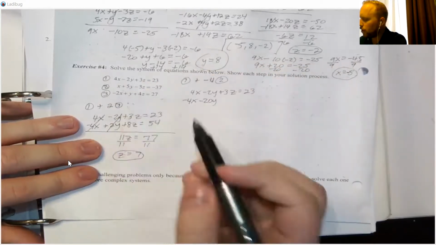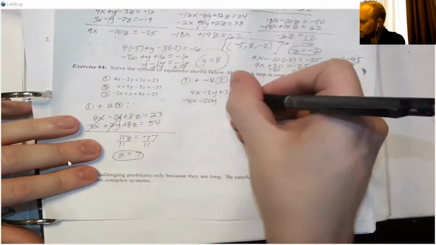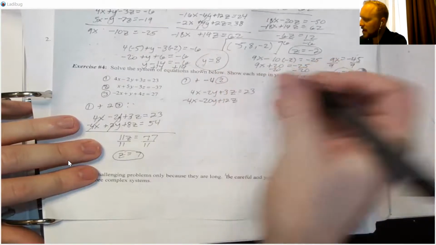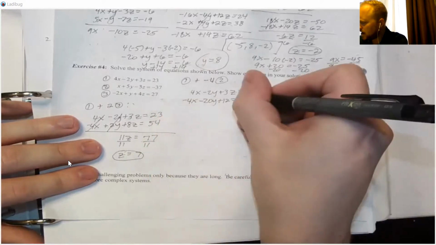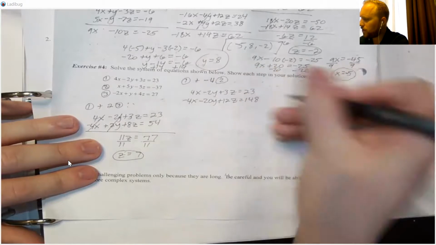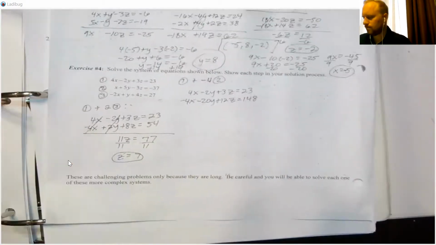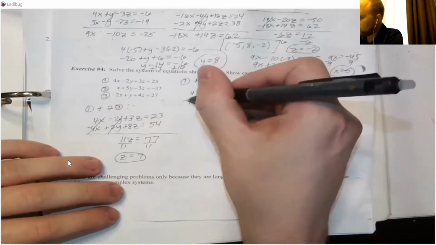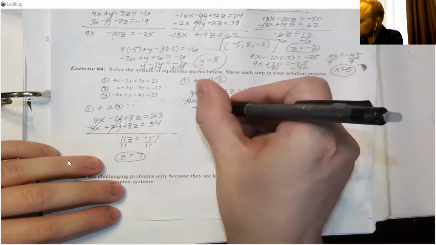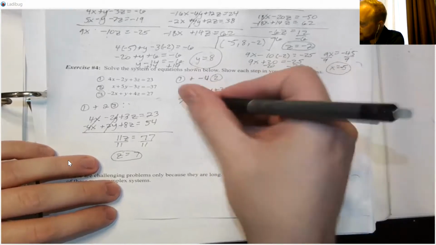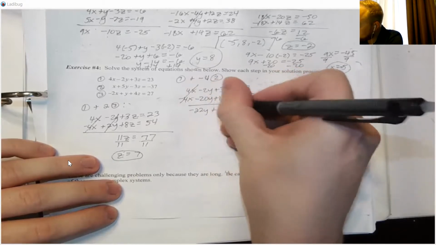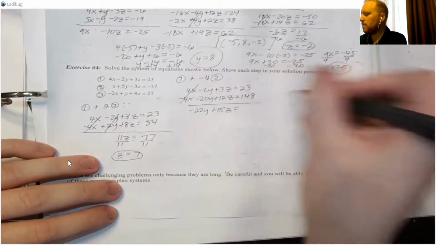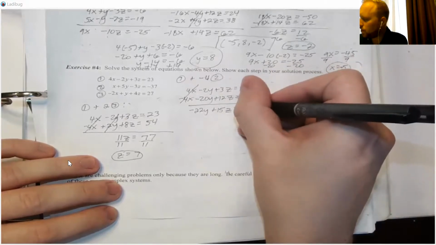And negative 4 times -3 would give us positive 12z. And -4 times -37 would give us positive 148. So when I do that, those x's would cross out. I would then be left with -22y plus 15z is equal to 23 plus 148. That would give me 171.